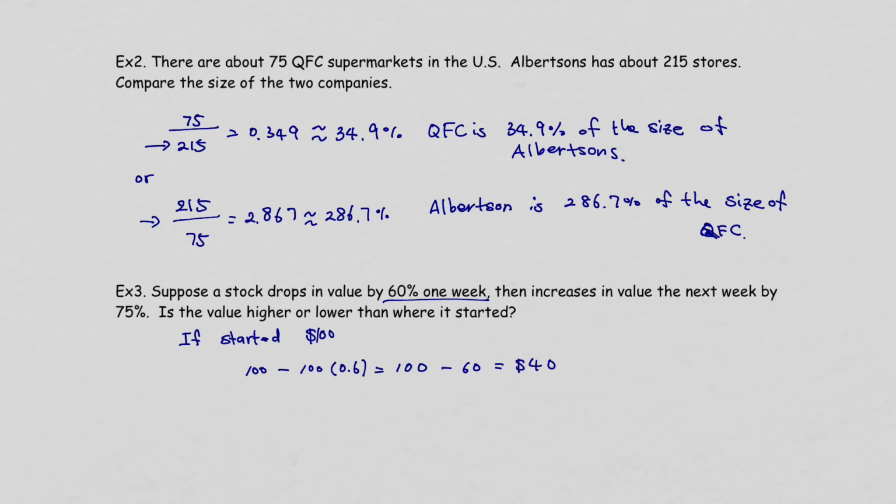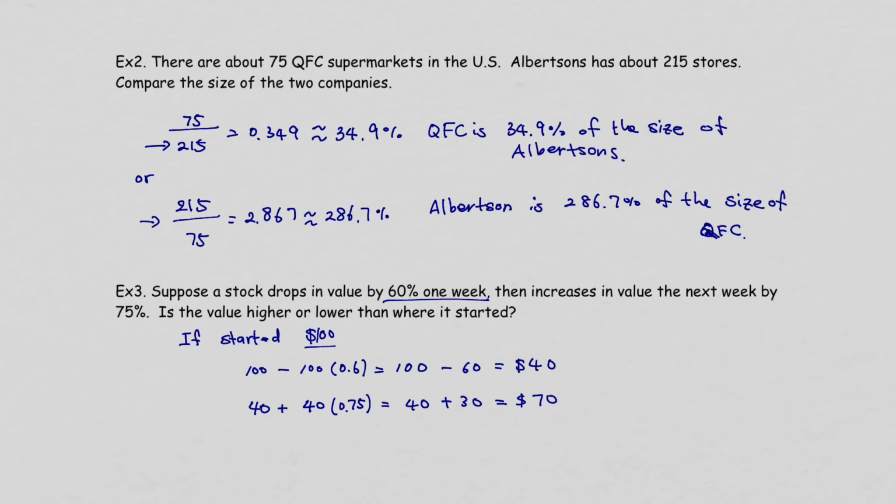In the next week, the second week, from the 40, you're going to add 75% of 40. So how do we figure out 75% of 40? Well, you do 40 times 0.75, and that's going to give you 30. And it becomes $70. They're asking if the value is higher or lower than where it started.